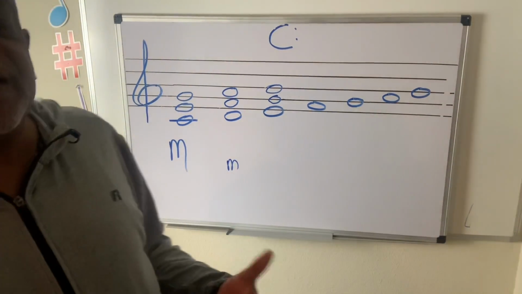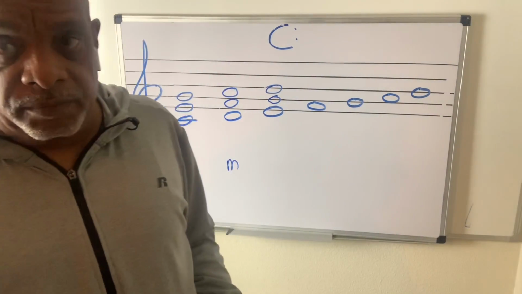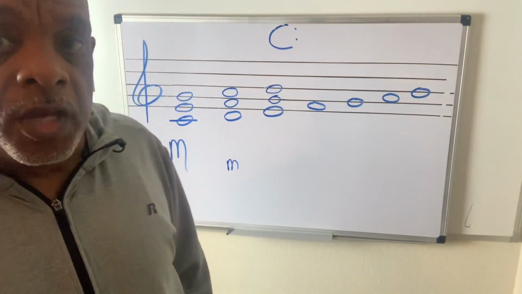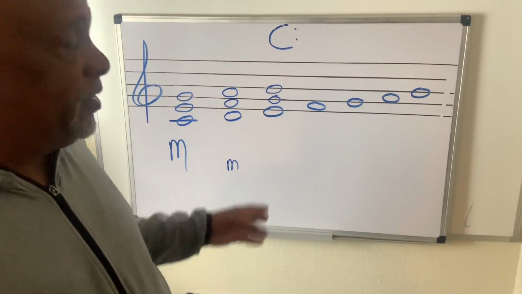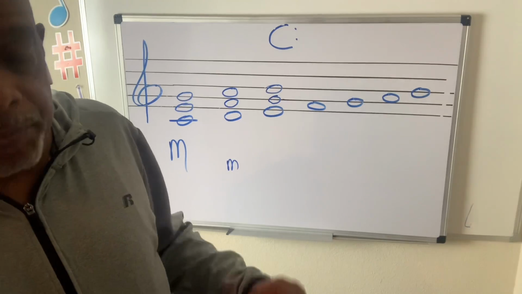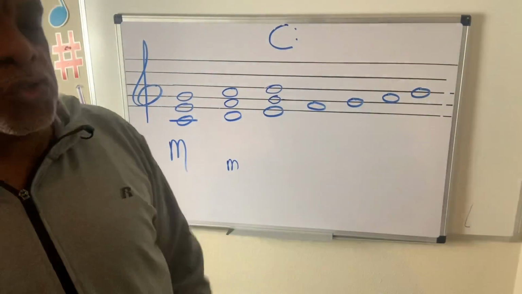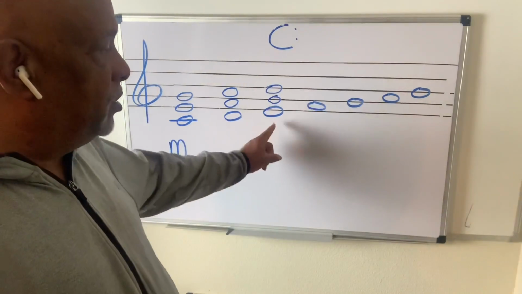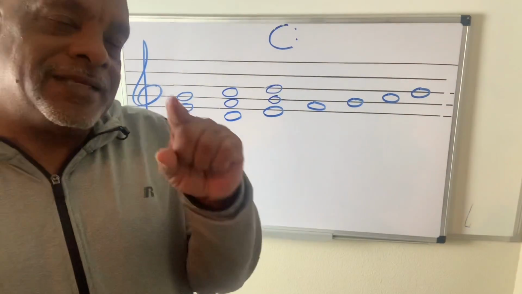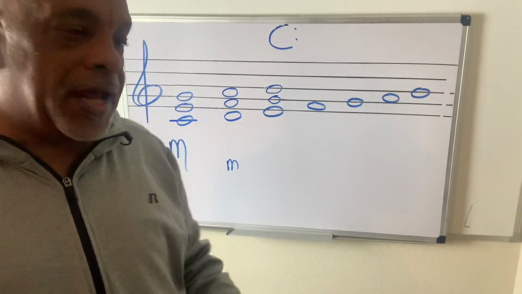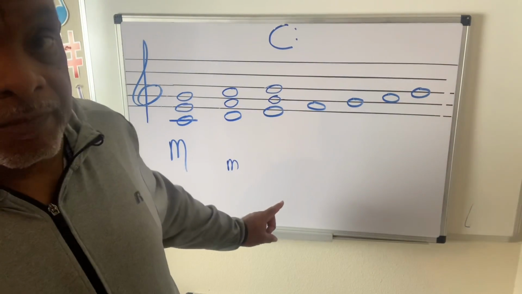All right, let's go to the E major scale. The key of E major. So that's E, G sharp, B. In this case, in the key of C, there are no sharps or flats. So this is going to be minor because that G sharp is lowered a half step here. Okay.